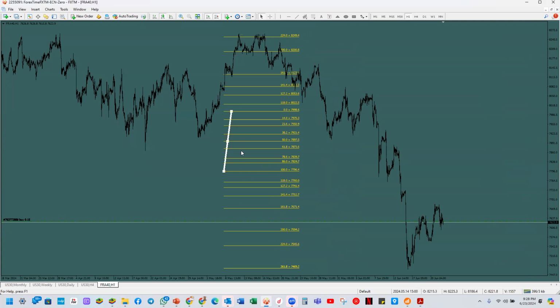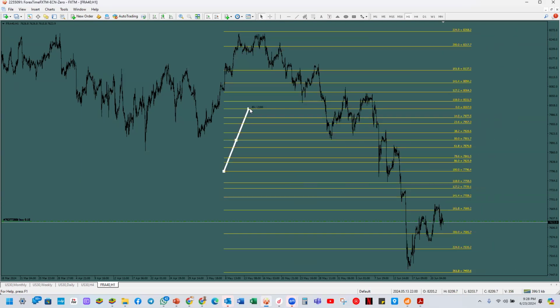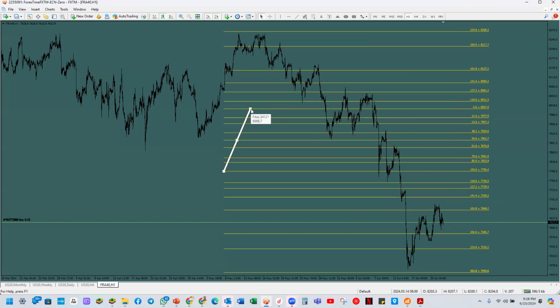Now look at the upside. On the upside, if the market gets to this point, the market will start to retrace. When it's retracing, these are the levels it's going to encounter: the 14% level, the 23.6%, the 38.2, 50, 61.8, 78.6, 86, and then 100 is the final. So at any of these levels, if the market sees a candlestick formation, the market will reverse and move to the corresponding extension level.